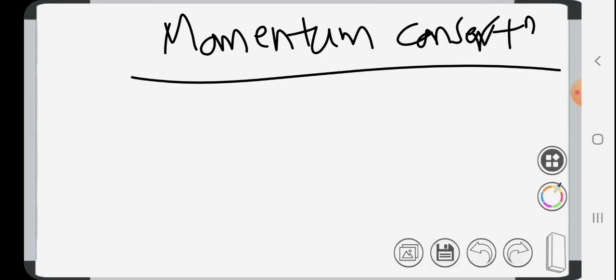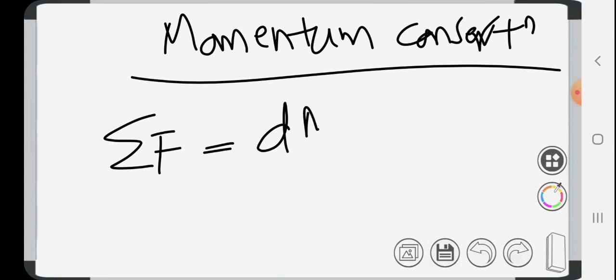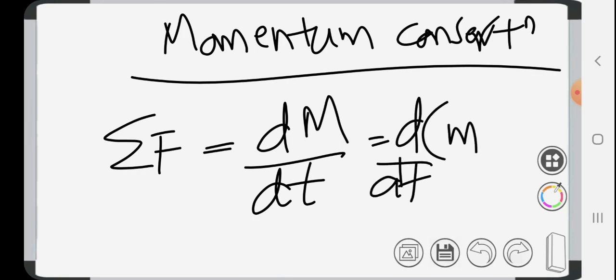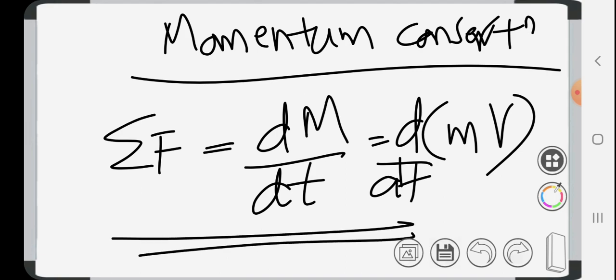The rate of change of momentum will be equal to the force applied, right? So sigma F will be d by dt of momentum. Momentum is nothing but mass into velocity. So this is the equation for the system approach.